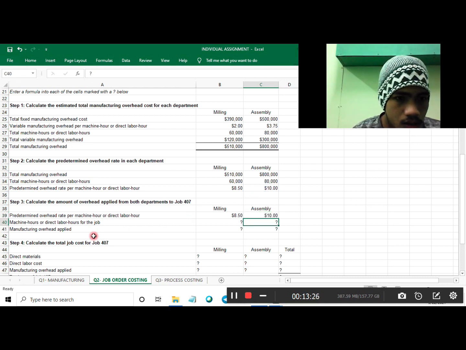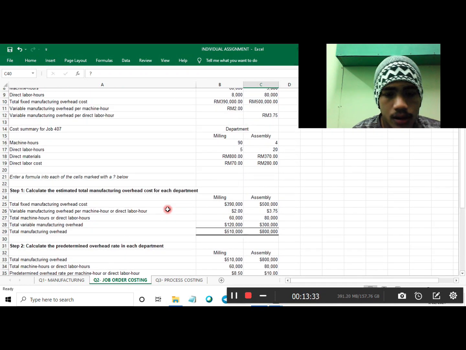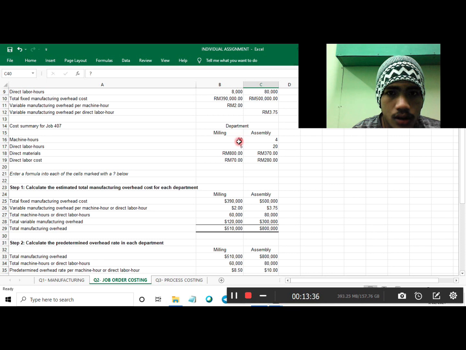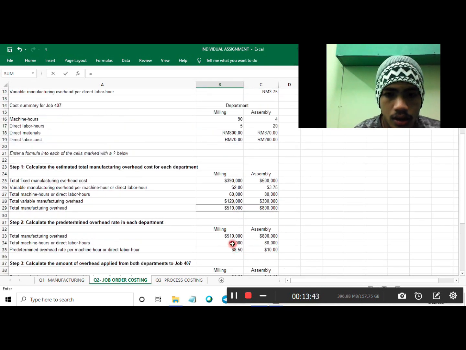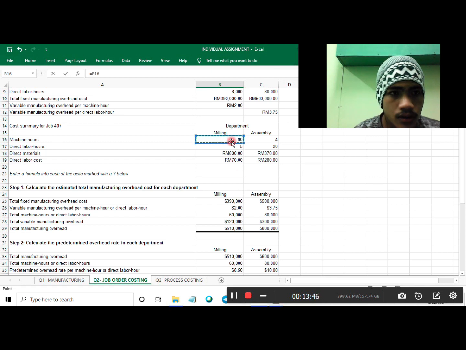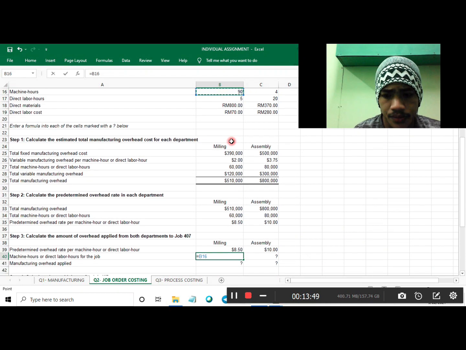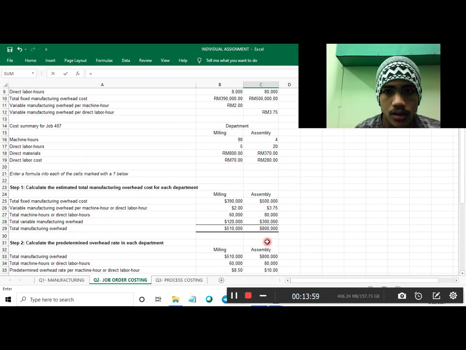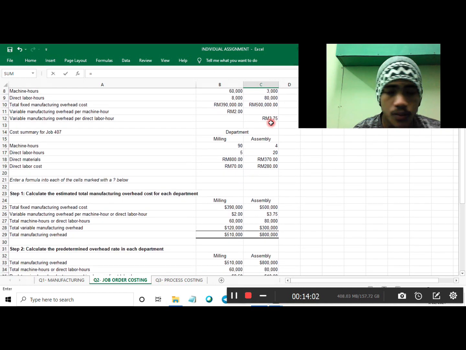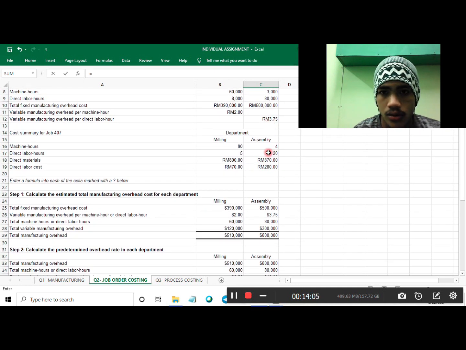And then the machine hour and direct labor hour for both departments. For the mailing department, using machine hour, just take 19 for job 407. For assembly, using direct labor hour, just take 20 for job 407.